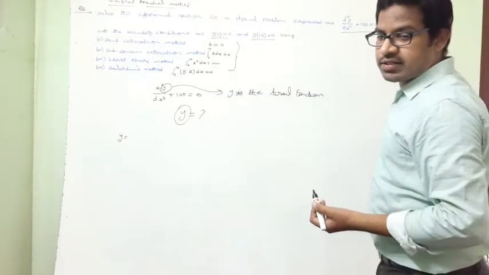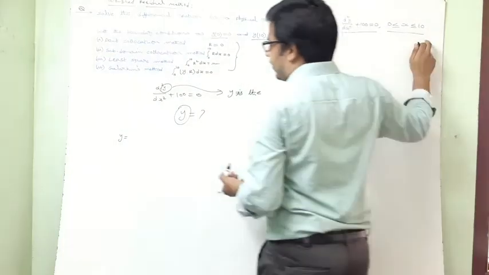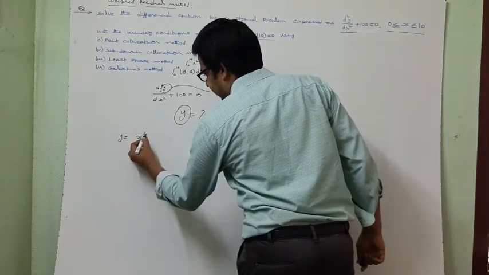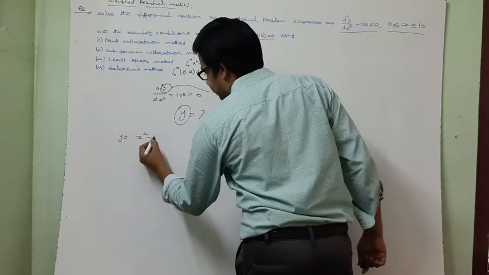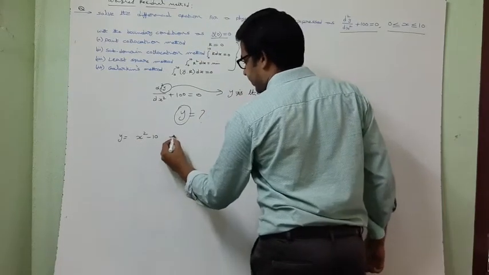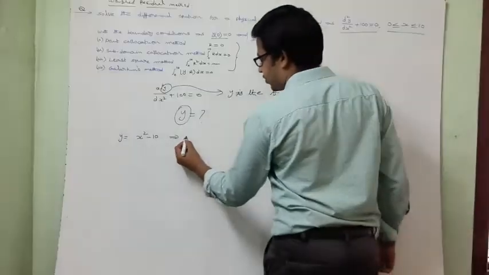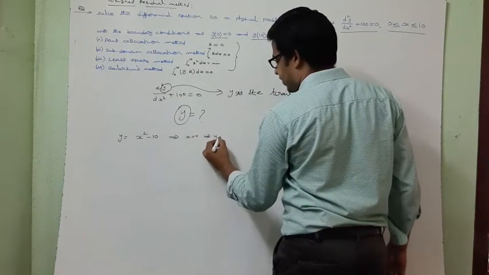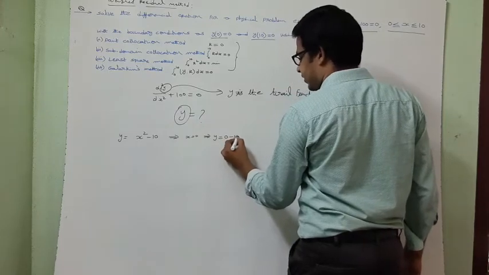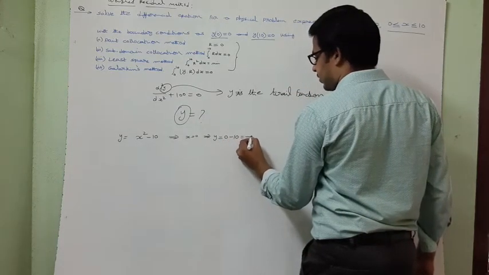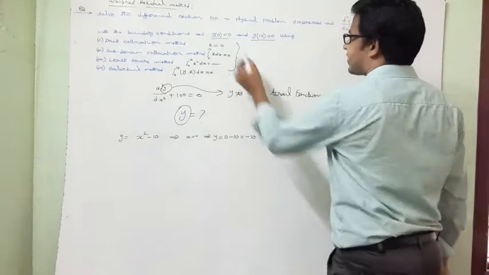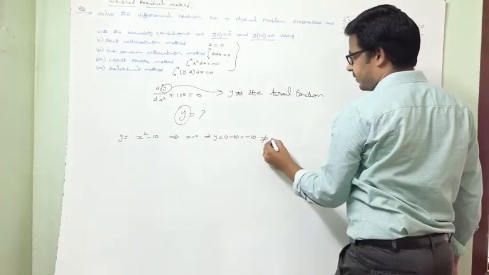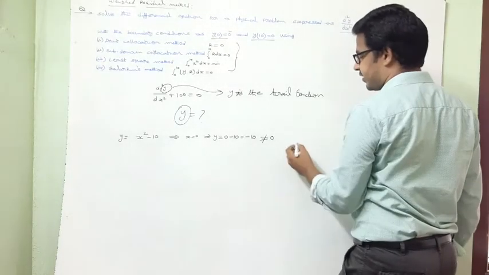Let us take y = x² − 10. For x = 0, substituting, y = 0 − 10 = −10. It does not satisfy the first boundary condition.